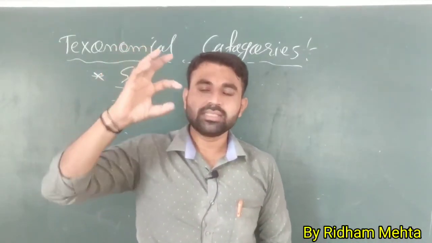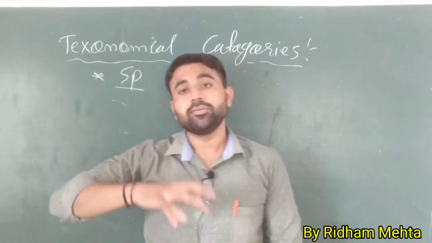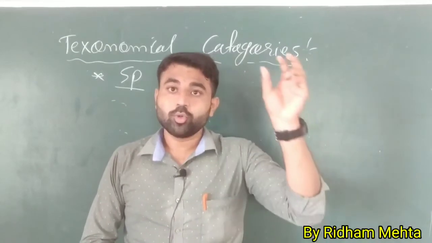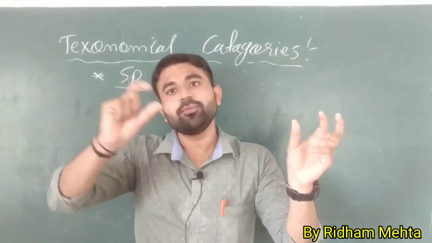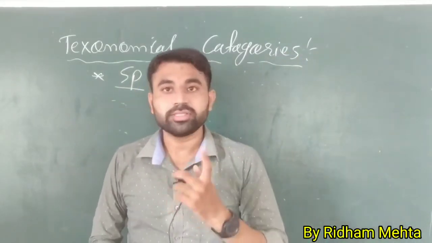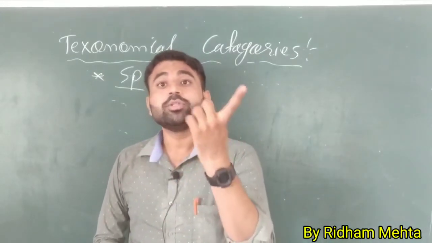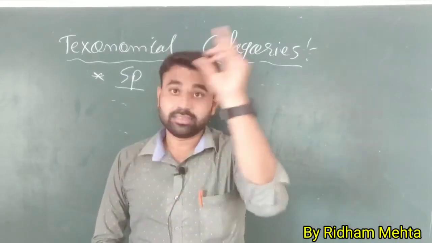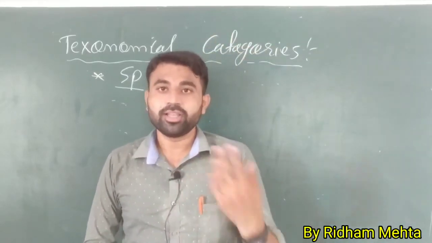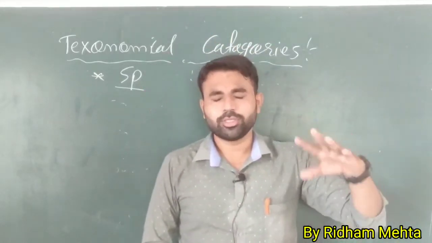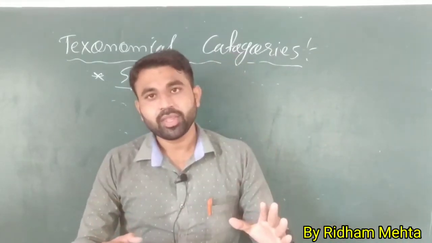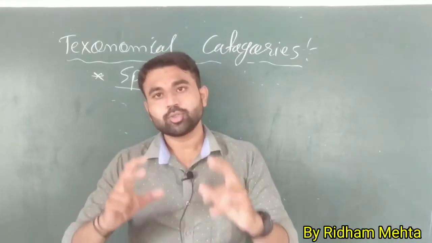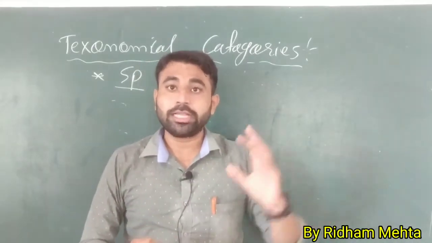Okay, and these different species have varieties, but they have a common genus. In the common genus, according to different morphological characters, they are separated into different species, but their genus is the same. For an example, Solanum melongena and Solanum tuberosum are both Solanaceae family and Solanum genus.